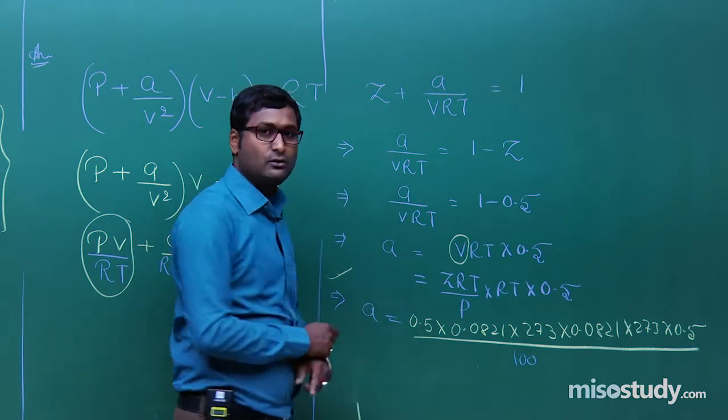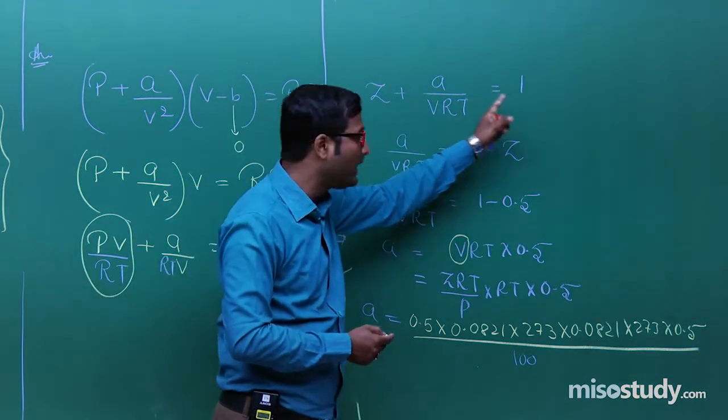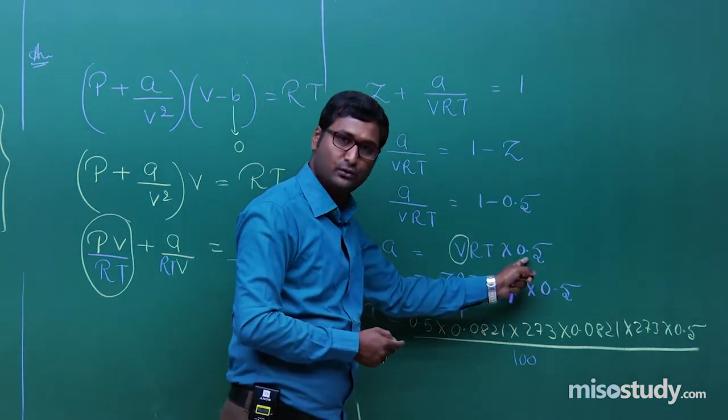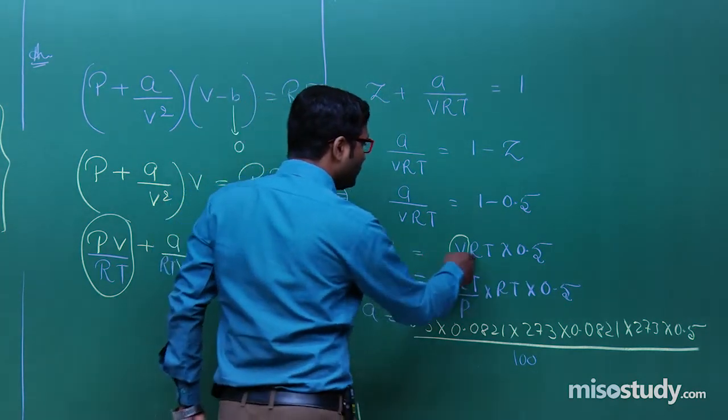Check out the solution once again. Z plus A upon VRT is equal to 1. That is 1 minus Z, that is 1 minus 0.5 is equal to 0.5, that is A upon VRT. Put here A is equal to VRT.